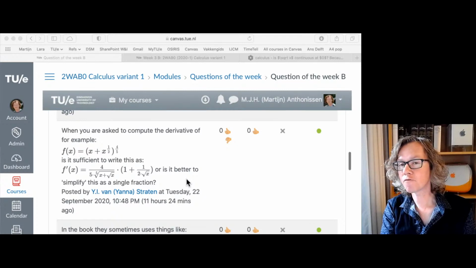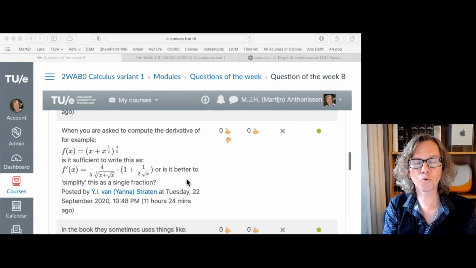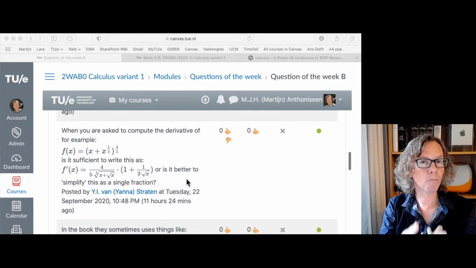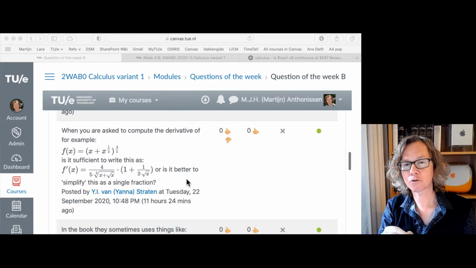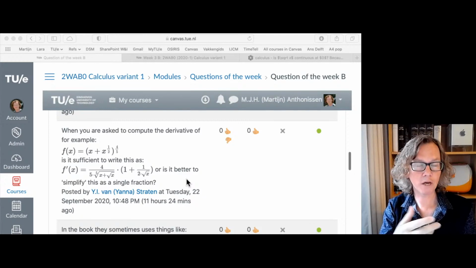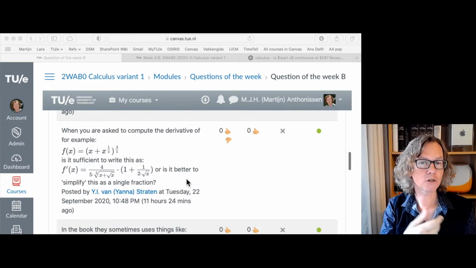If you would have to differentiate once more, then probably it would pay off to write it as a single fraction. So if you're going to use it again or more, or if it's a final answer, if it said give us the derivative in its nicest form or something like that, then you would have to do the rewriting. But as an intermediate step, it depends on what you will be doing with it.